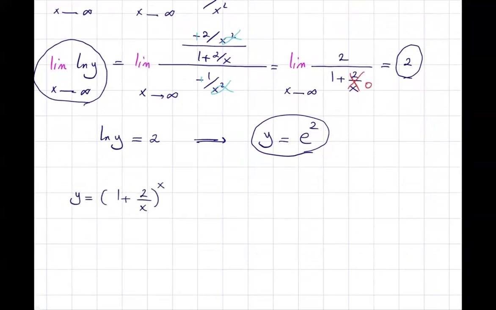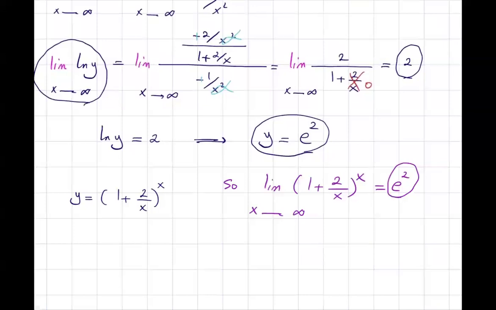So your conclusion is, the limit of 1 plus 2 over x to power x as x goes to infinity is e squared. So this is what we are looking for. This is the value for the limit. The limit exists, and if you want to get some numbers out of it, you need to use a calculator to approximate.